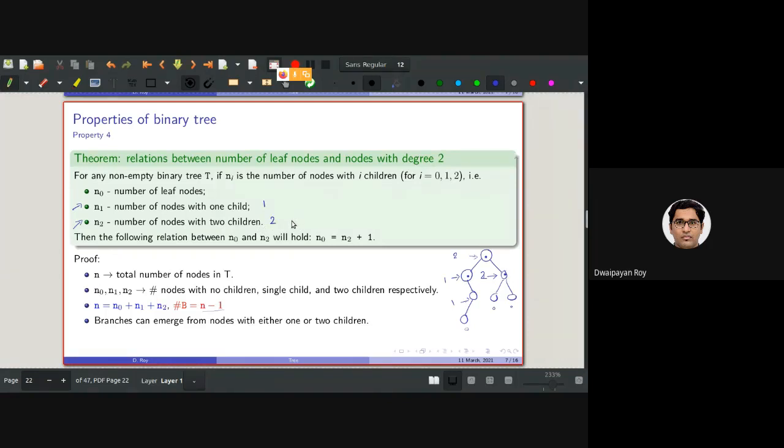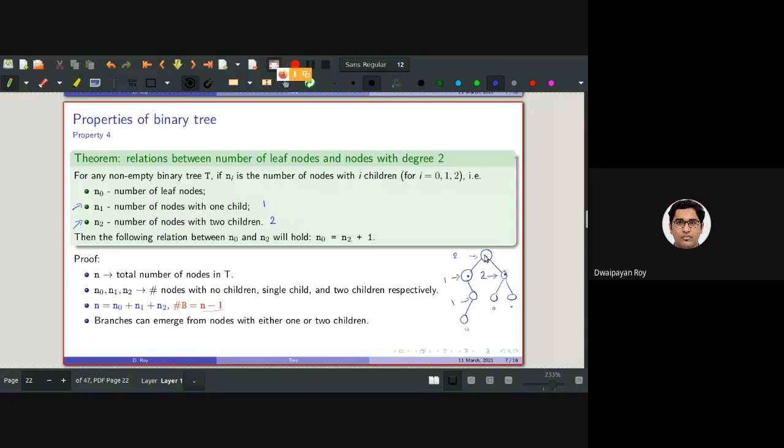Two and two, right. Basically, why? Because every node will be participating. For example, this and this. Every such node participates in adding two branches or two edges.